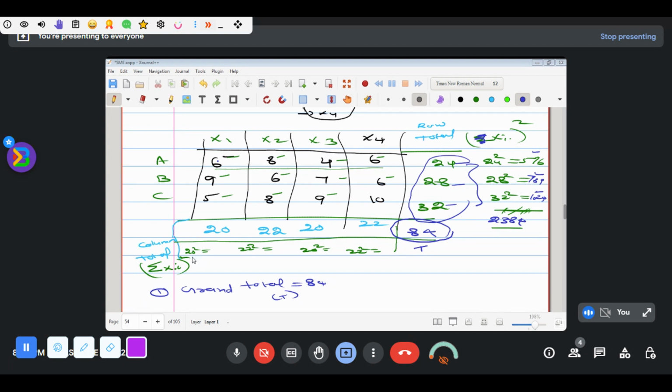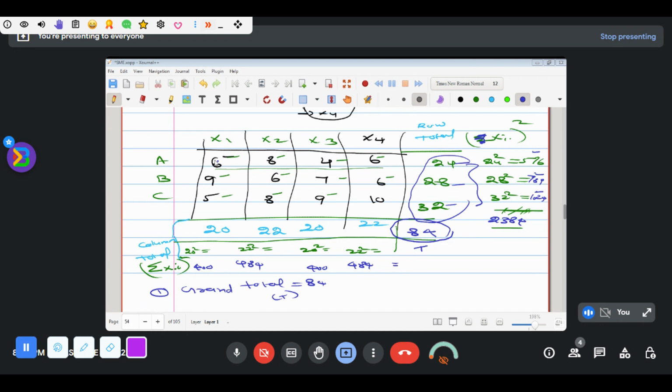Simply we find the 20 squared, which is 400. 22 squared, how much? 484. Here also 484. Then we add this summation value, that is called the sum of the squares of the column data values.